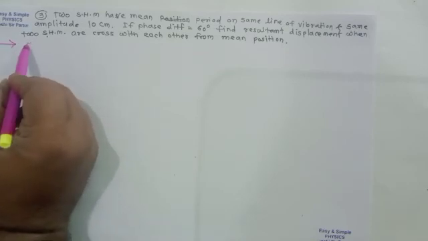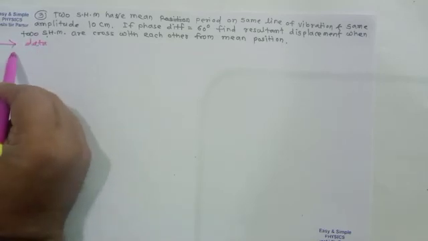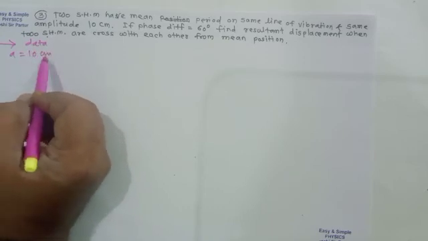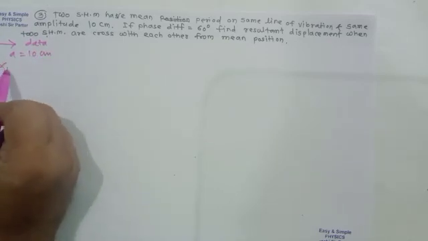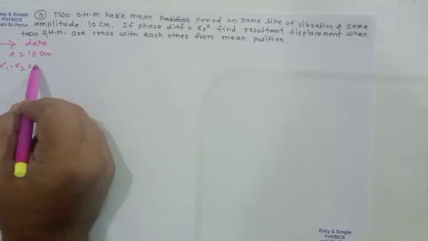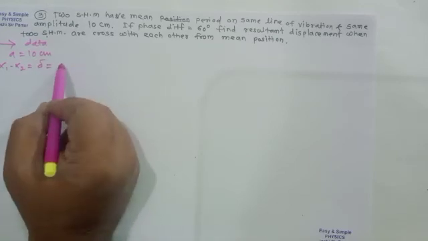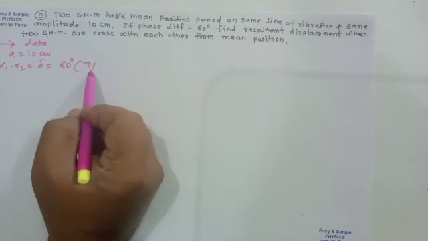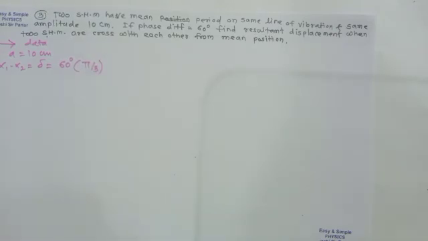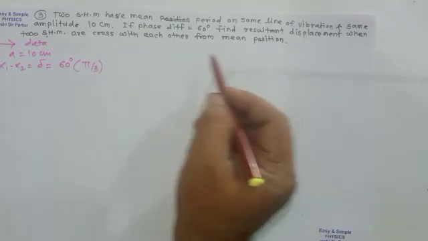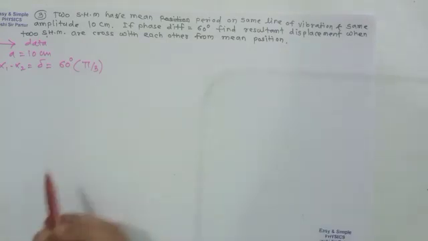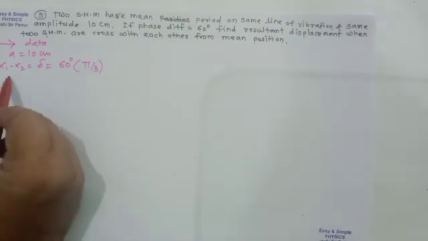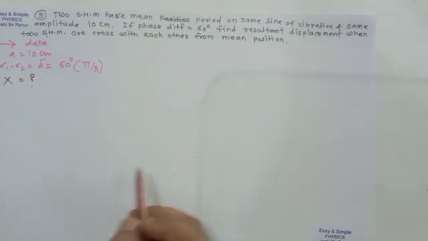By using data, amplitude will be 10 cm and alpha 1 minus alpha 2 is equal to delta, which will be 60 degree, that is pi upon 3. So here we need the resultant displacement x.